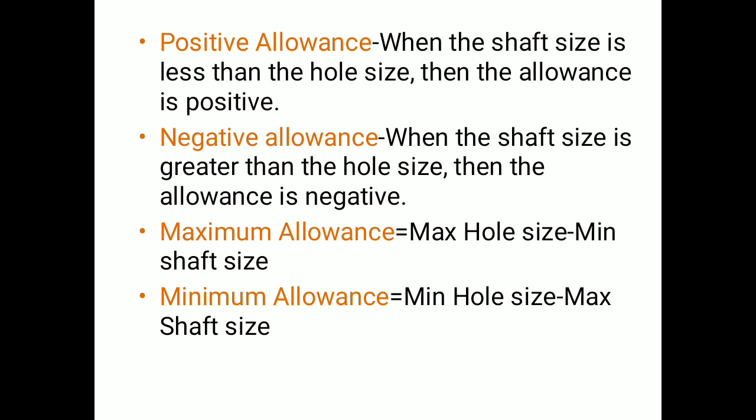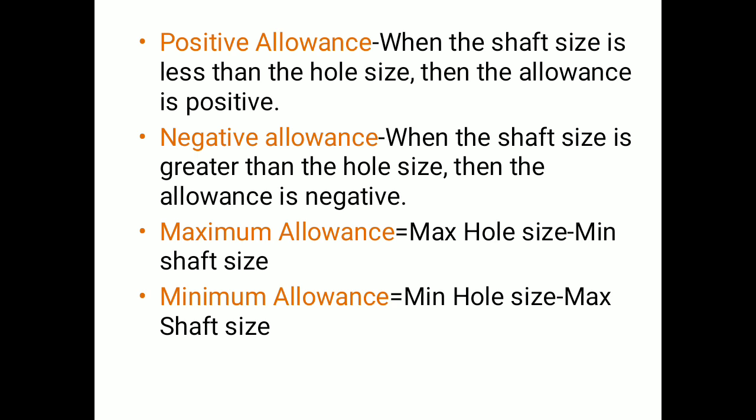Maximum allowance. The difference between the shaft size and the hole size is called allowance. So when will the allowance be positive and when will it be negative? Sometimes it is positive and sometimes it is negative. Now when will we get maximum allowance and when will we get minimum allowance?